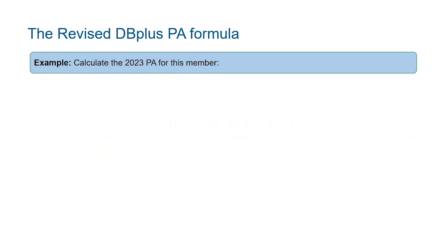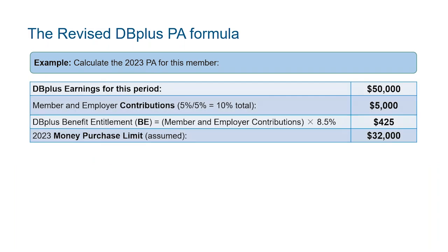Let's go to a quick example. Let's calculate the 2023 PA for a member with the following data. They have DBplus earnings of $50,000 and total contributions of $5,000, and therefore a benefit entitlement of $425. And we assume the 2023 money purchase limit of $32,000.